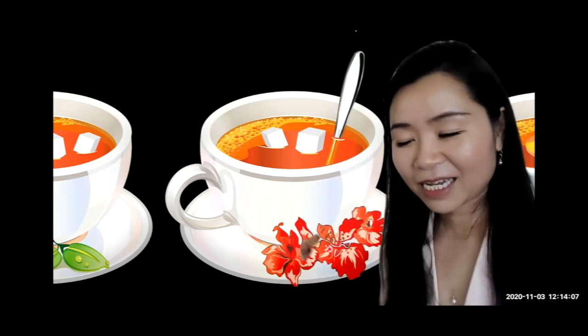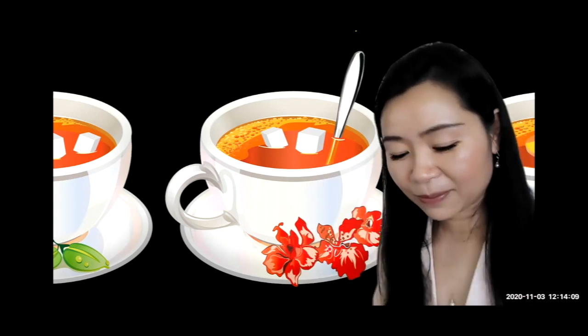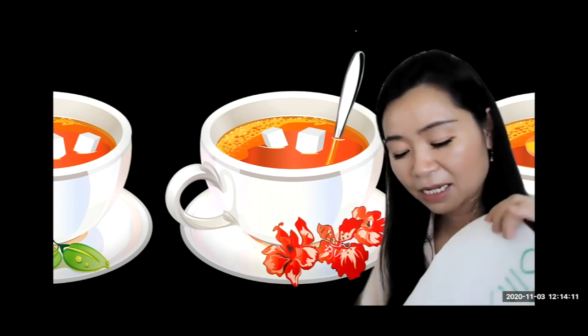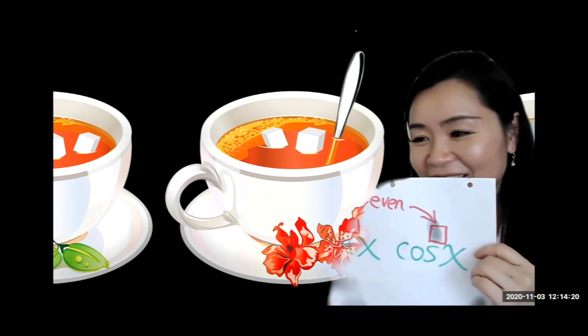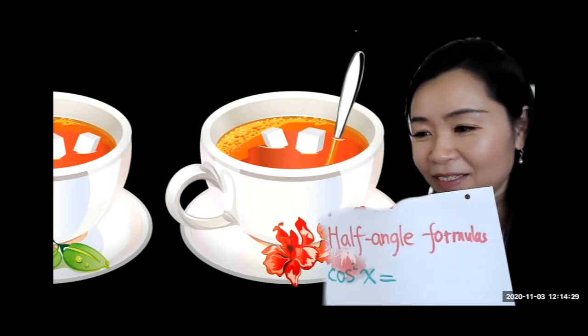What happens when the exponents for sine and cosine are both even? The half angle formula. See, you guys got it. Good job. So we use the half angle formula.